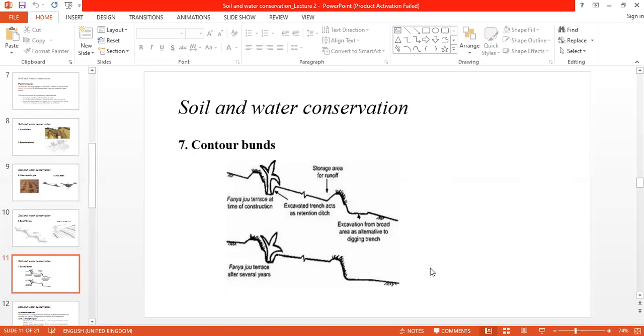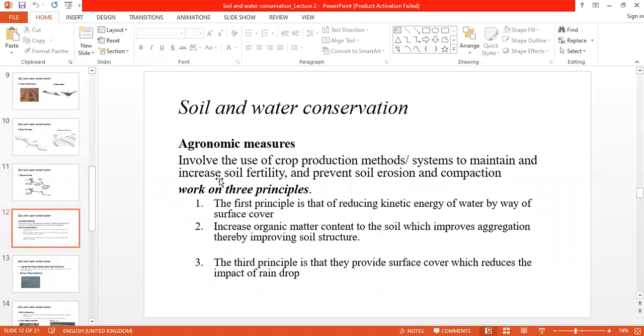In the trenches they plant something, on the ridge they plant something to stabilize the ridge, and on the slope they also plant something. So in terms of losing area, it's very minimal.